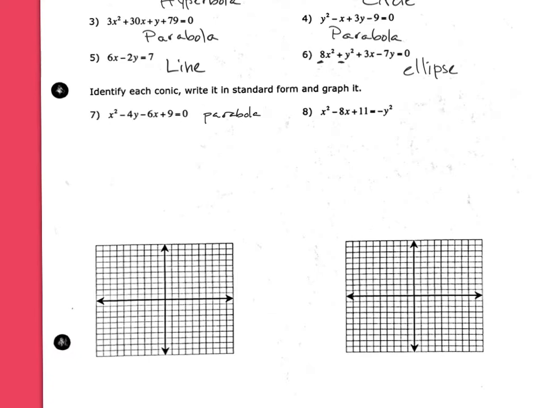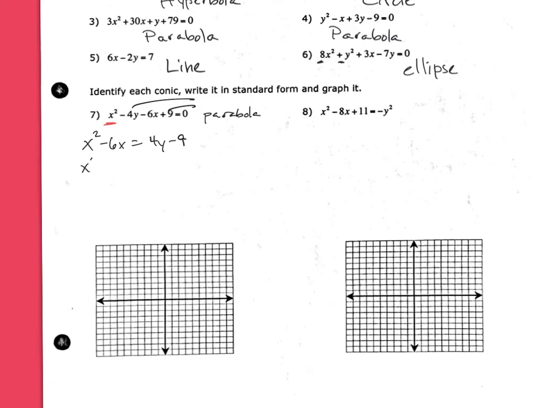Do you want all the squares on the left and everything else on the right? I use the fact that this is positive, and I don't really want to change that, so I'm going to keep the family of letters that has the square in it on the left-hand side of the equal sign, and then everything else is in the way, because I don't want to change that sign. I like the fact that it's negative. So then I'm going to add 4y to both sides, and I'm also going to subtract 9.